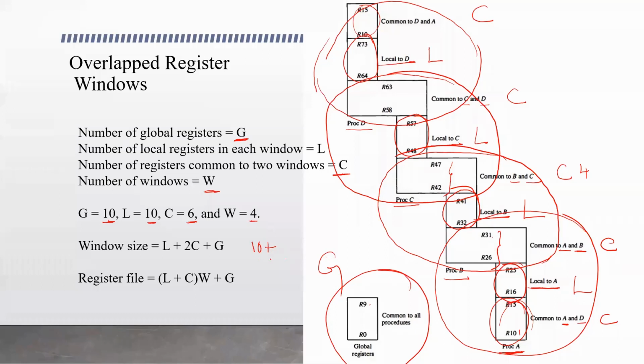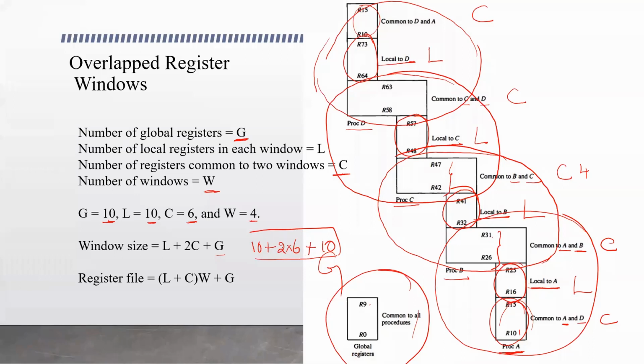This gives the total number of registers available for each procedure. Each procedure has its own local registers L, that is 10, plus 2 common sets of registers, so we multiply 6 by 2, plus every procedure has 10 global registers, so we add 10 to this.